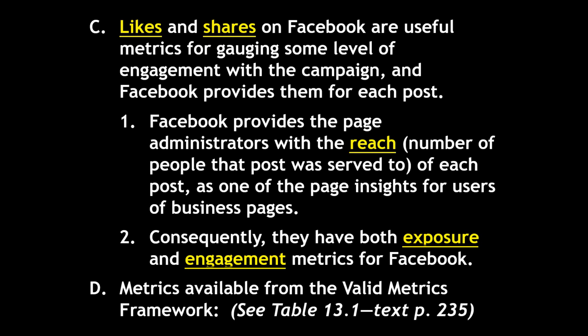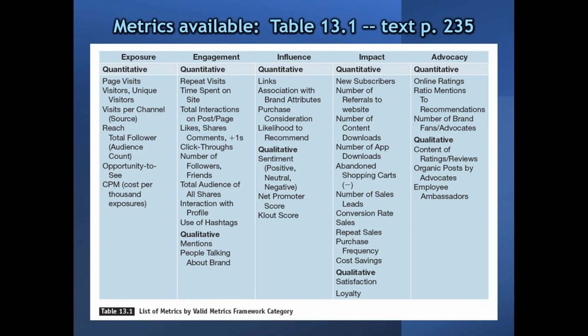Now, this table from your textbook, table 13.1, talks about some of the specific metrics that are available from the Valid Metrics framework. And you can see there's all sorts of different criteria that can be used as a measuring standard when it comes to each of those 5 elements of the Valid Metrics framework. And it's going to be up to you as the marketer to try to determine which numbers are going to be of most importance to you.